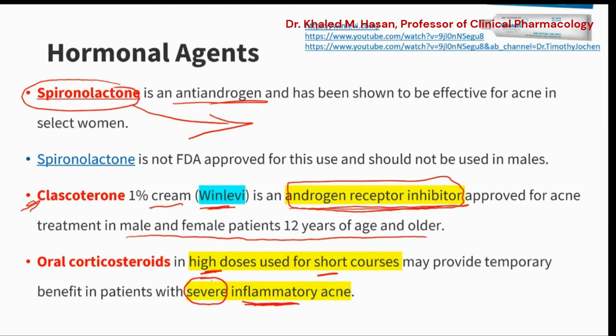For example, which of these medications is used for mild to moderate acne? I'm going to put cortisone there, and you're not supposed to select it. Cortisone is only for severe acne to relieve inflammation. Please remember the keywords for cortisone: severe acne, to reduce inflammation. We use oral cortisone. Any question?